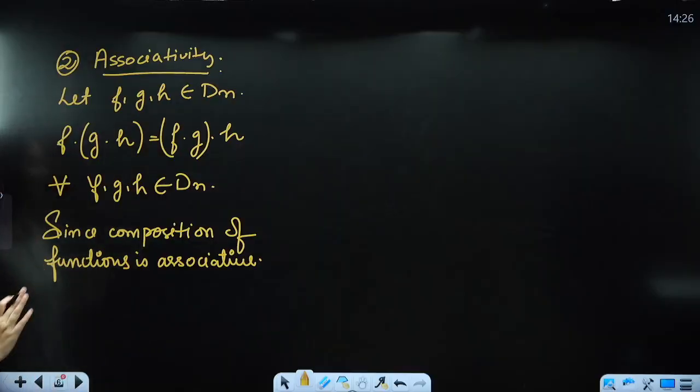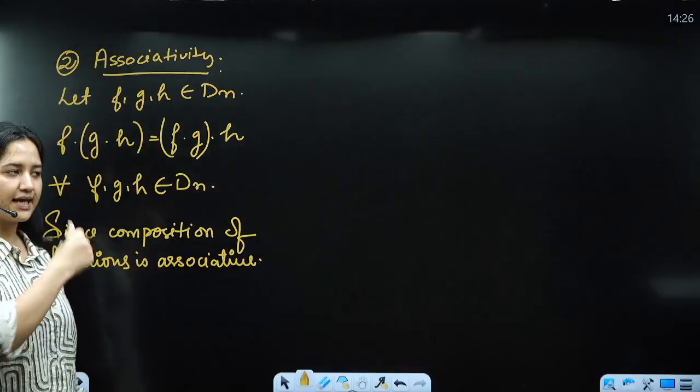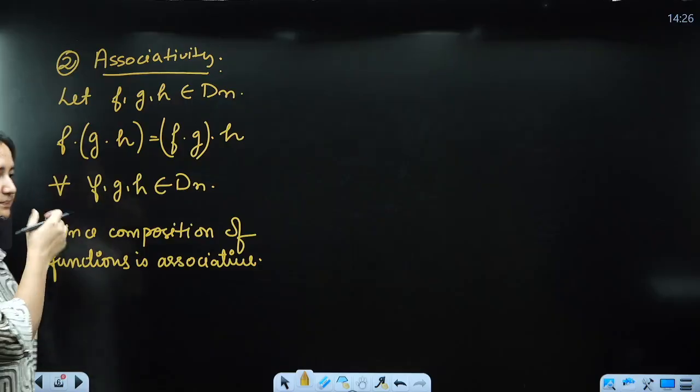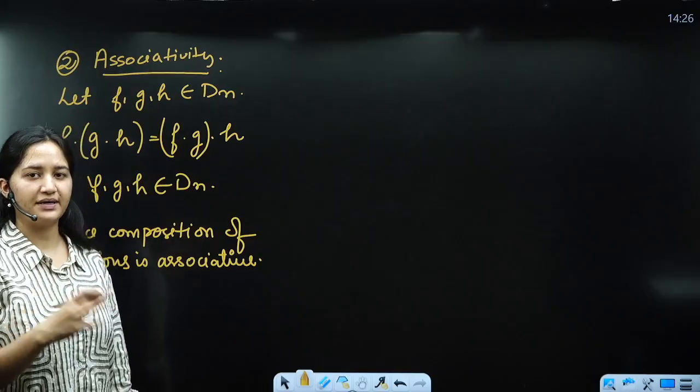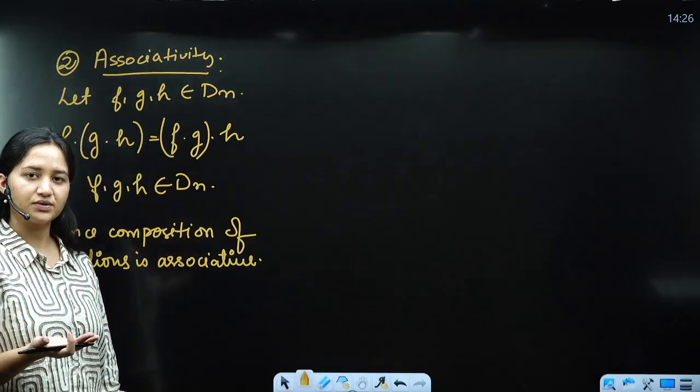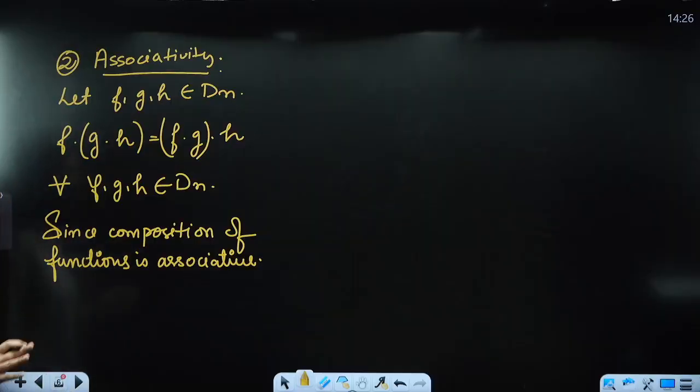So associativity is also very simple. Okay, you can also write the same thing for multiplication of matrices, that we know multiplication of matrices is associative. If you write this property, that is more than sufficient.